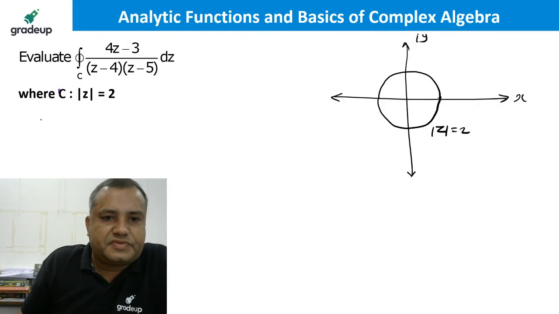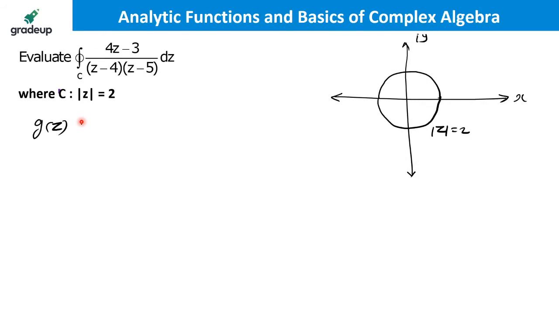Now see, you have to integrate this function. Let us say that this is g of z, 4z minus 3 upon z minus 4, z minus 5.